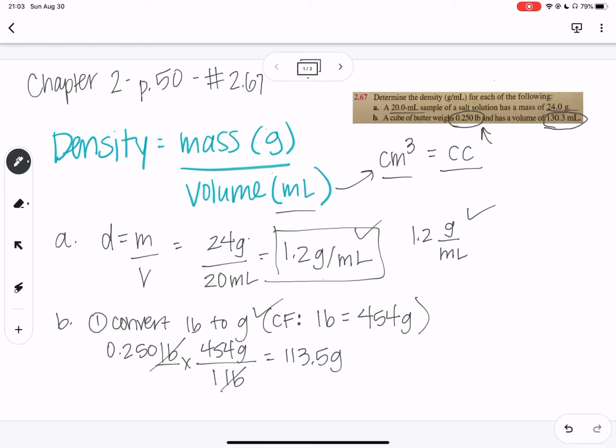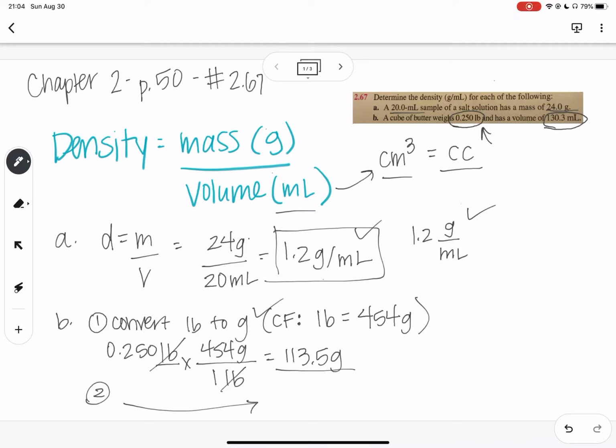So all I've done so far is convert pounds to grams. The next thing I need to do is calculate the density. So now I have my grams and my milliliters, and I'm going to go ahead and solve that problem right here. So density is mass over volume.